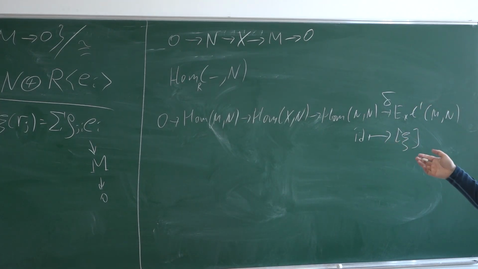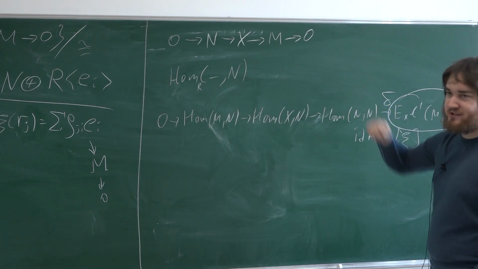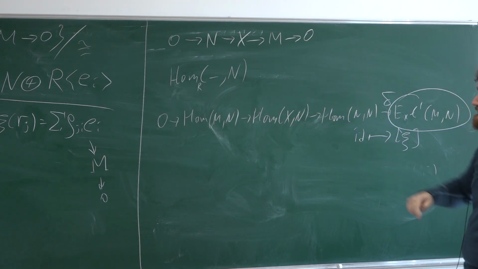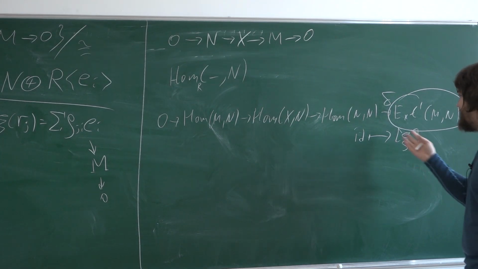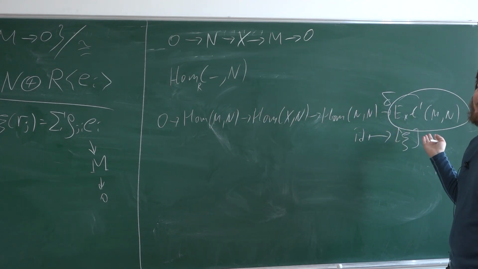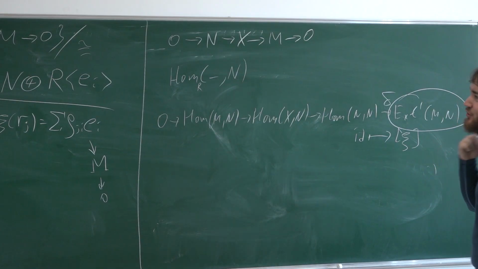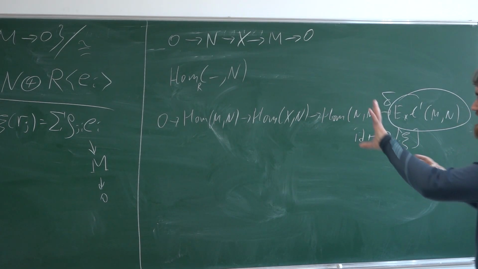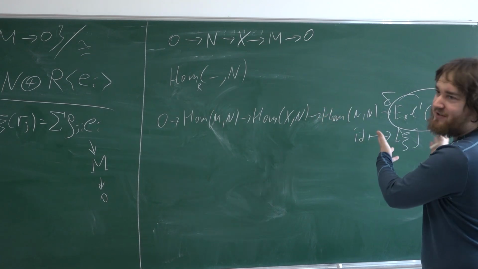In fact, it's the image of the identity map. This is the element corresponding to this extension. From this definition, it's obvious that it's a correct homomorphism of groups and a correct element. So we don't need to check correctness. We only need to check that this direct definition coincides with this abstract definition.